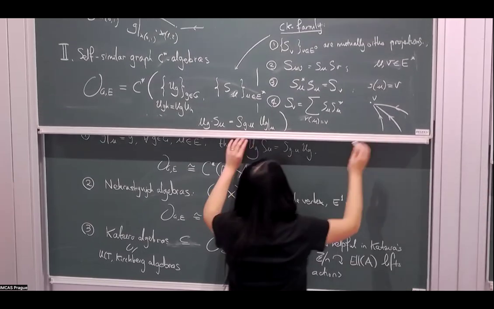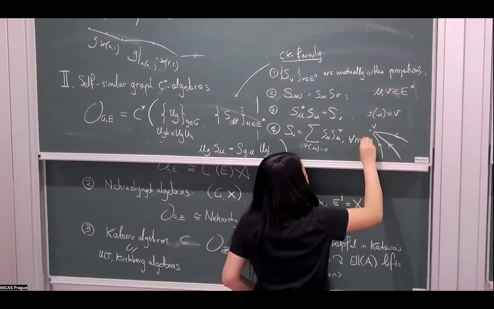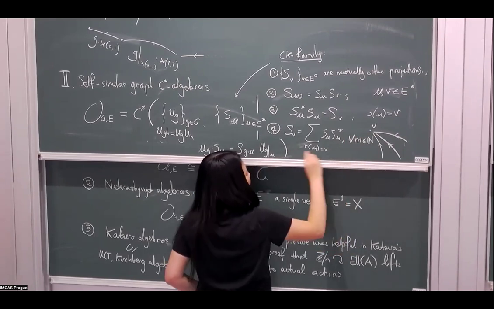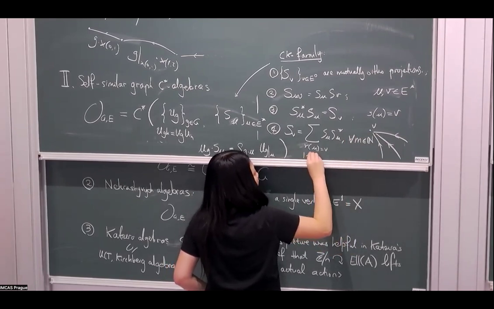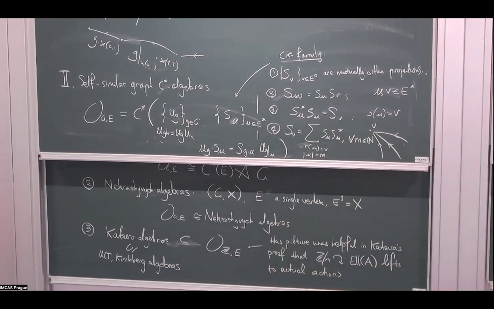Of a particular length. You're 100% right. For any natural number, you have the length of this unit. Okay. Yes. Thank you. Sorry, when I was writing that, I was really thinking of these mu being edges, but you're 100% right. We need to fix the length of the paths. Cool.